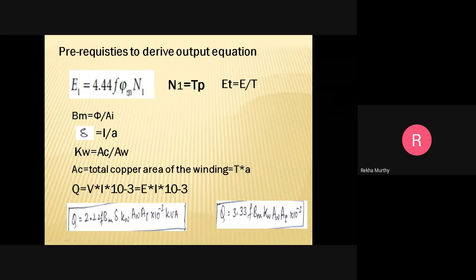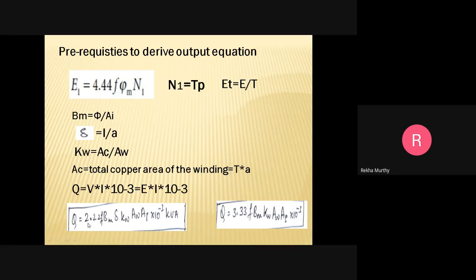Now, how to remember this formula? As you all know, E is equal to 4.44 F into psi m, and psi m can be written as BM into AI. Do you agree with this? Psi m can be written as flux density into area. So if you express it that way, it will become 4.44 F into BM into AI.